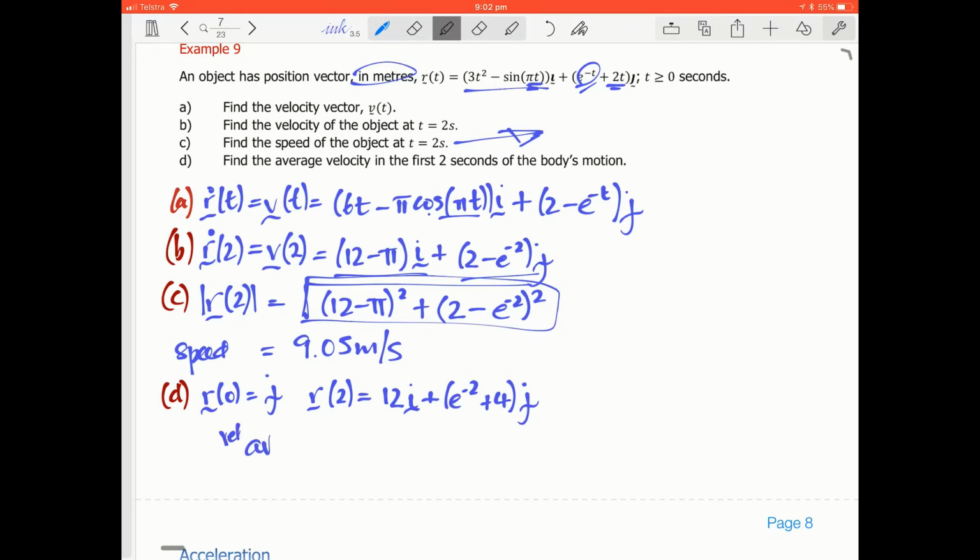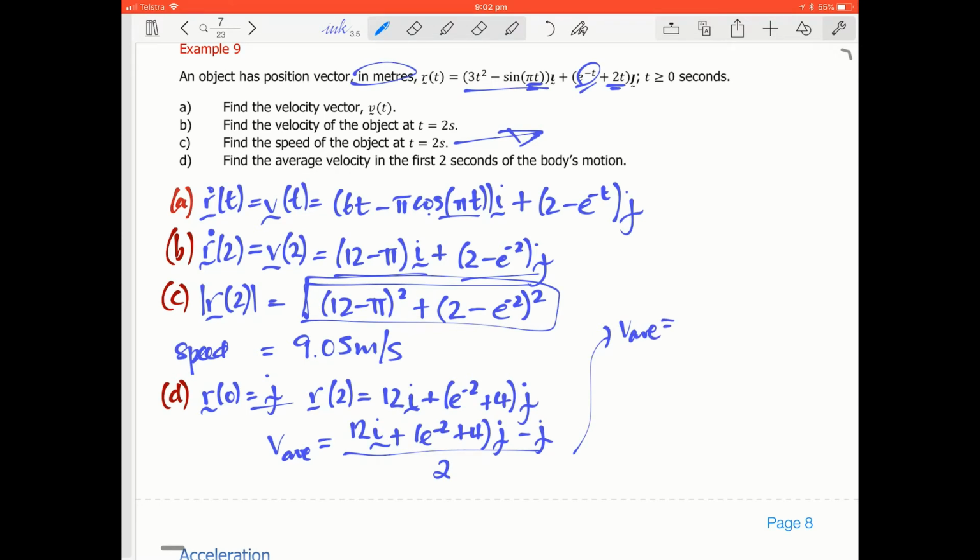And now we want to find our average velocity. So v average is our final position, 12i plus e to the negative 2 plus 4 j, minus our initial position, which is j, all over our change in time, which is 2. So our v average is, what have we got, 12i on 2, which is 6i.